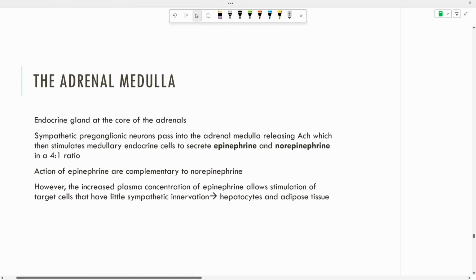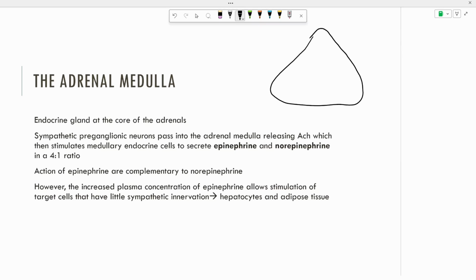Okay, the adrenal medulla is the inside of the adrenal gland. The adrenal gland is kind of like a triangle shape, and it has the cortex. That's the adrenal cortex.